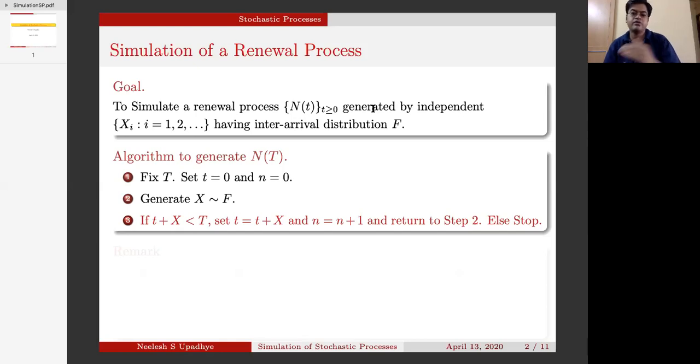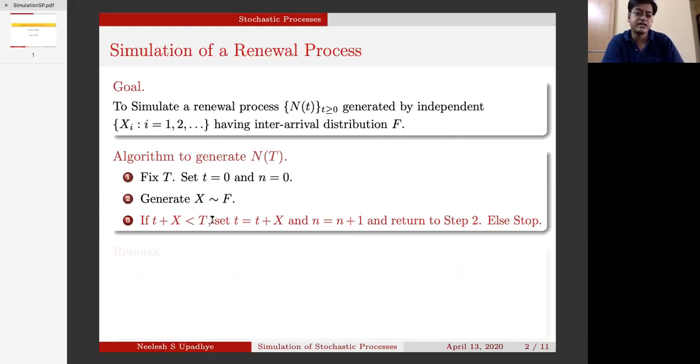So we will again go back to step 2. Again generate a next random variable x which has distribution F. Again you will check the same condition, t plus x is less than T. If it holds, you will do the same operations. If t plus x is greater than T, that means you have simulated N_T. That means N_T will be equal to n.